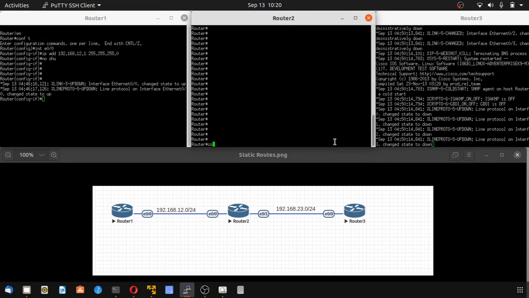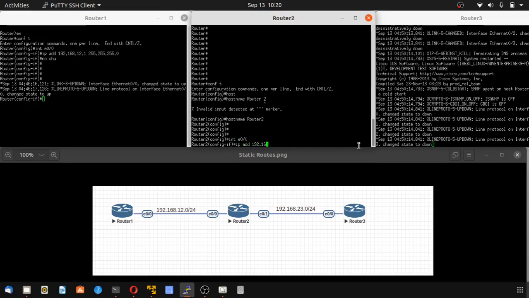I'm in configuration mode, and first I should set the host name. So it's router 2, no space allowed. Then I go into interface 0/0, IP address 192.168.12.2, because I'm configuring this interface.